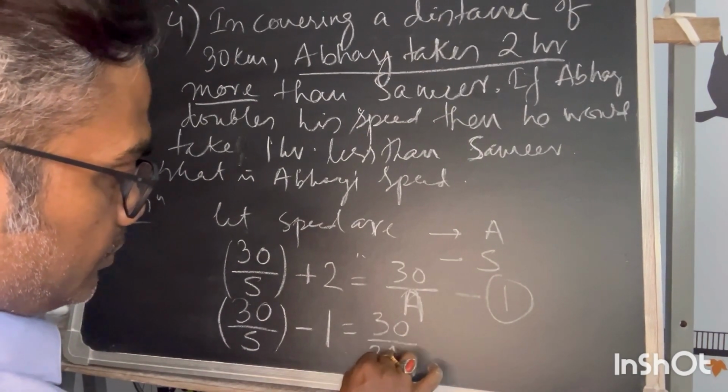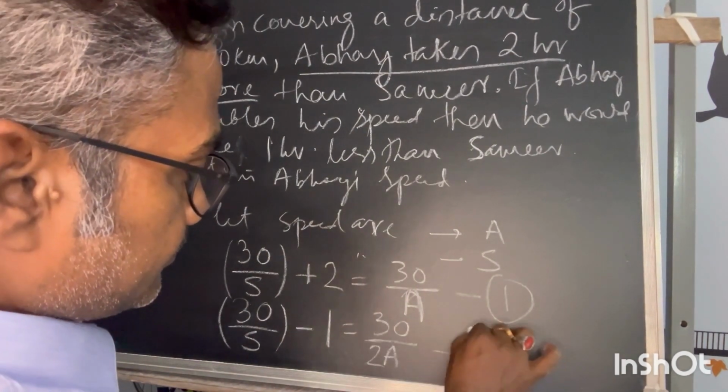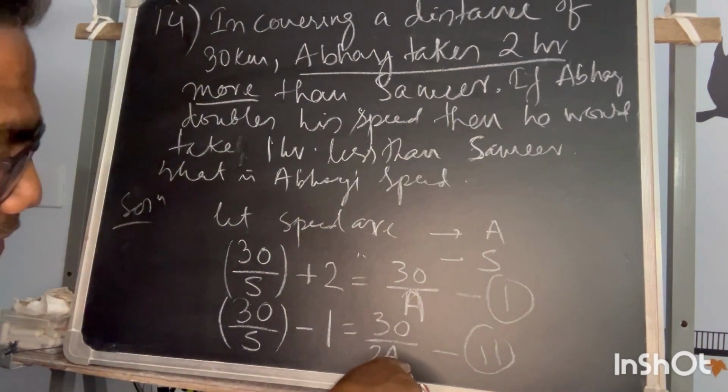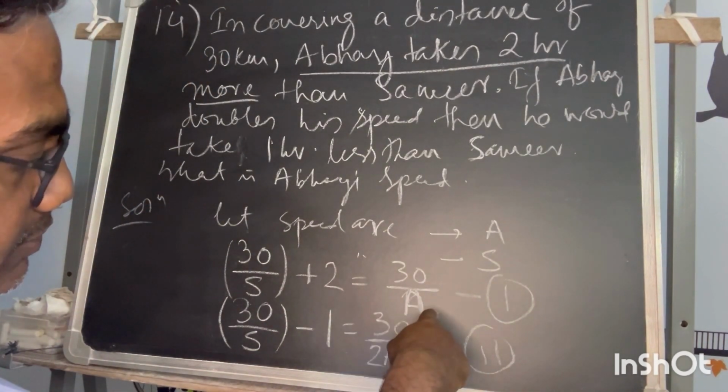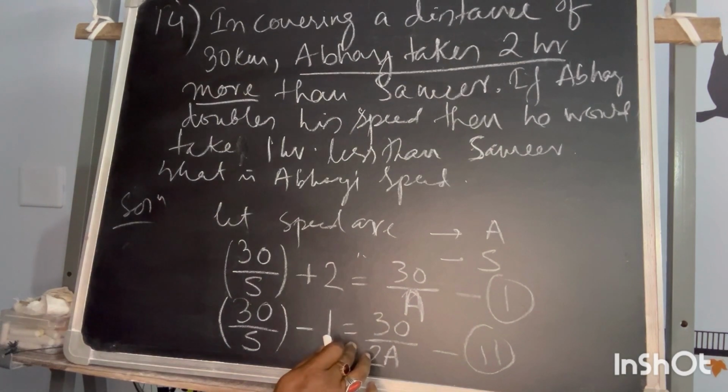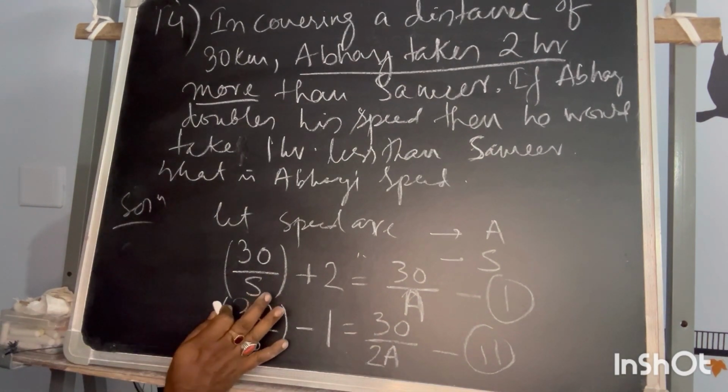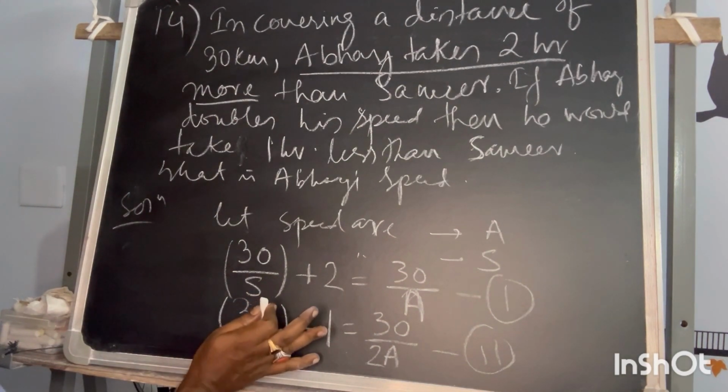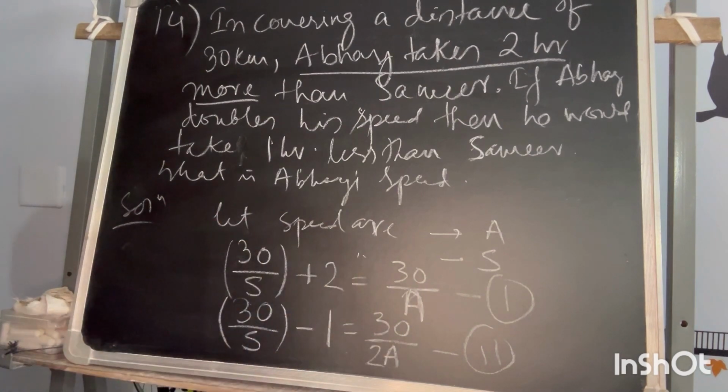So this would be the second equation: Samir's time minus 1 is whatever time Abhay is taking. This is the equation. I think it's very easy to solve.